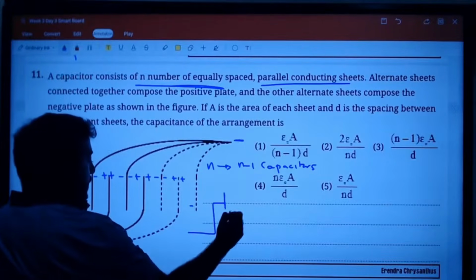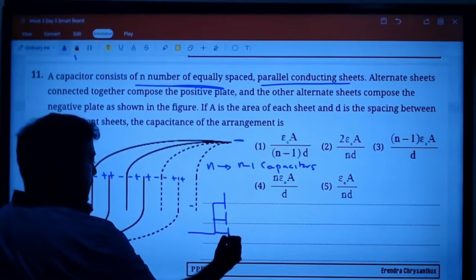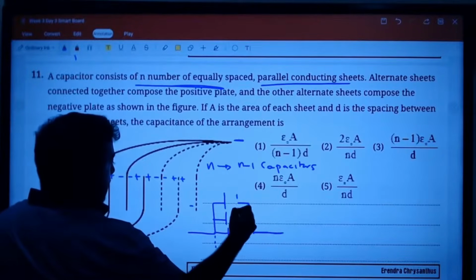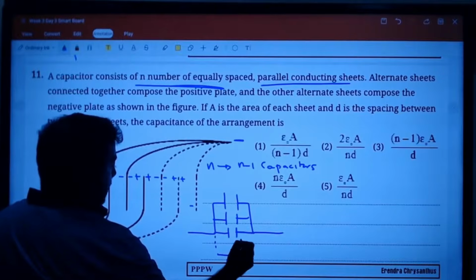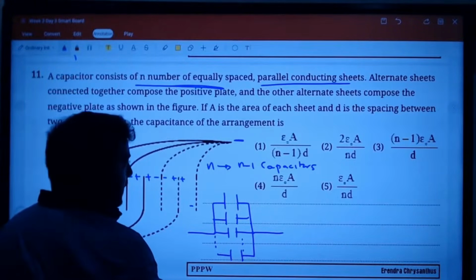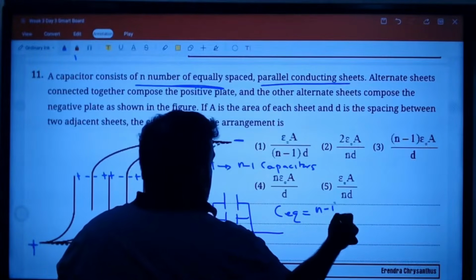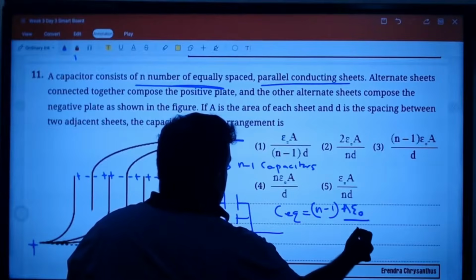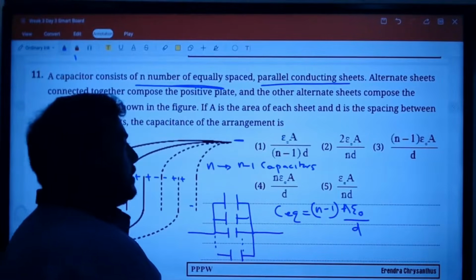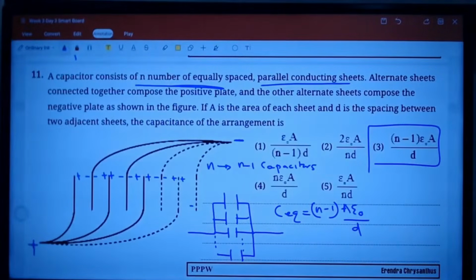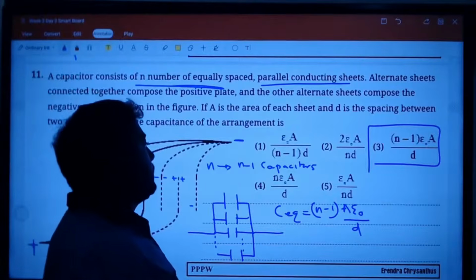Positive terminal like this, negative terminal like this. So capacitors are connected parallel to each other. Capacitors in parallel are like resistors in series, giving n minus 1 times A epsilon naught over d. So your correct answer is answer number 3.